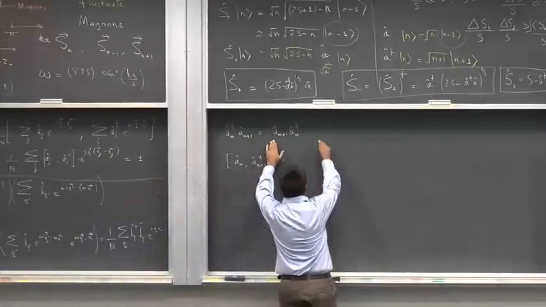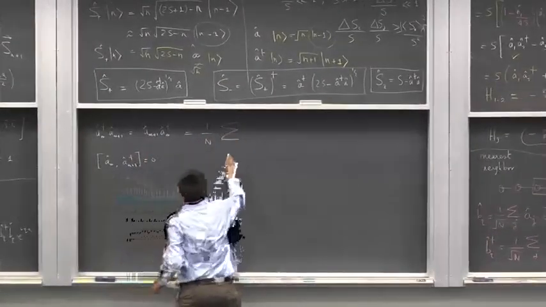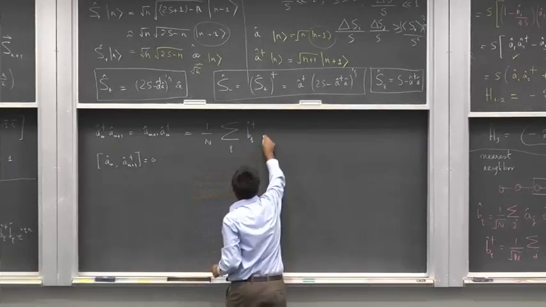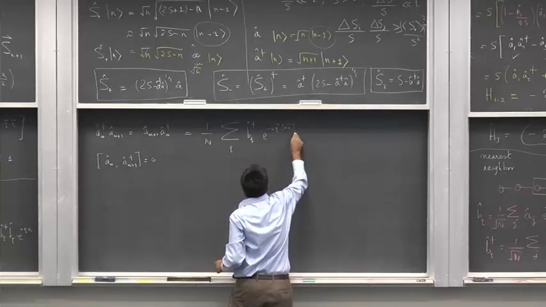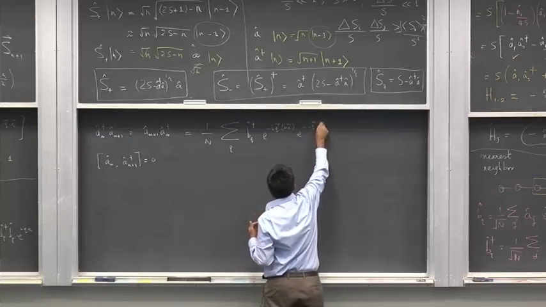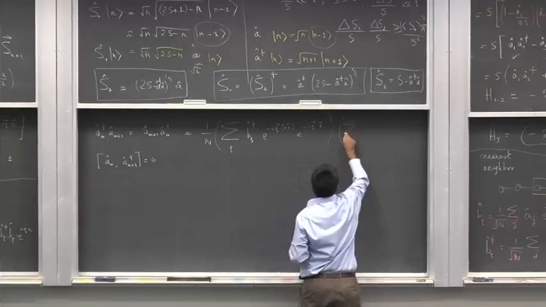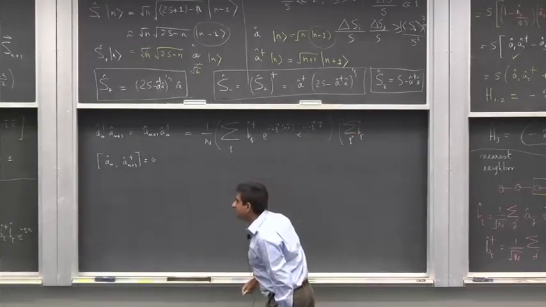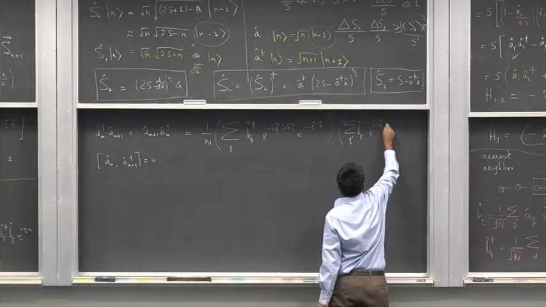So when I look at this, this thing becomes 1 over n. am plus 1 is bq dagger e to the minus i q m a, e to the minus i q dot a. This is am plus 1. My am dagger is q prime bq prime e to the plus i q m a.